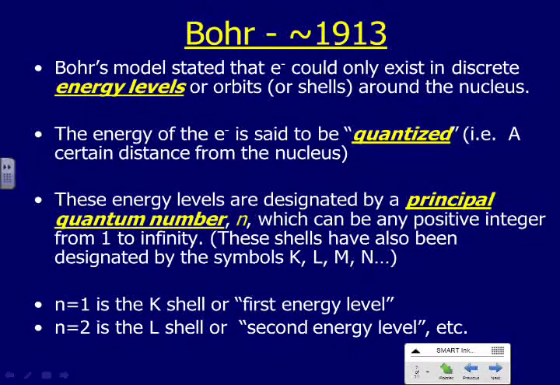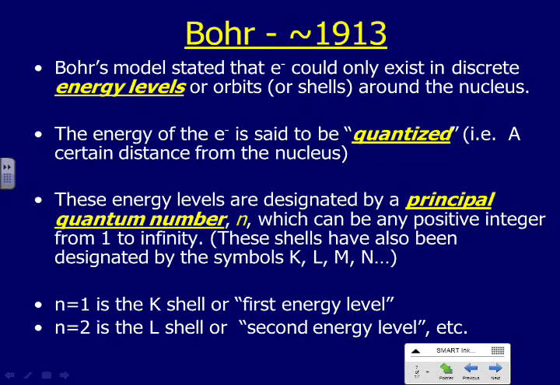But we still use the term orbit. Now in the next statement, there's the term, in quotes there, the energy of the electron is said to be quantized. And that's the word that is used when we talk about this idea of quantum mechanics. The word quanta simply means a little discrete piece, all right?